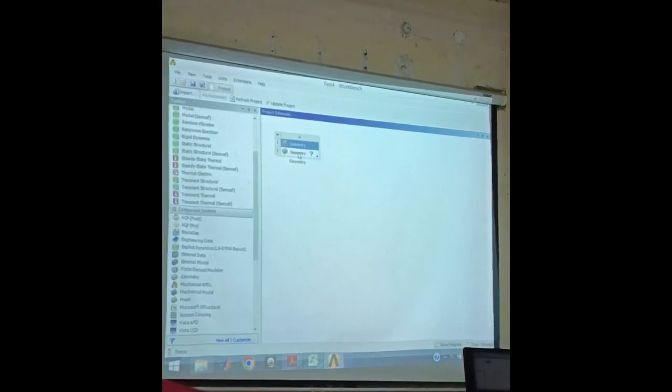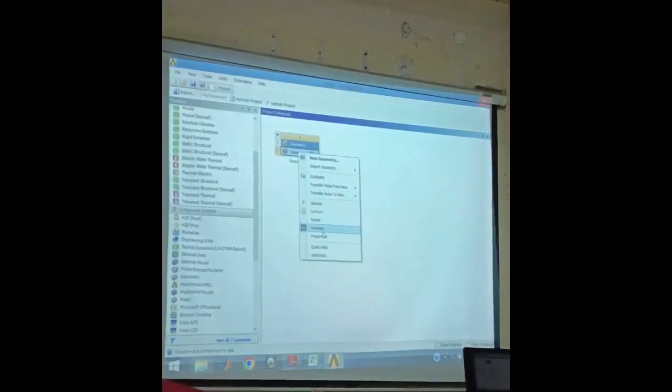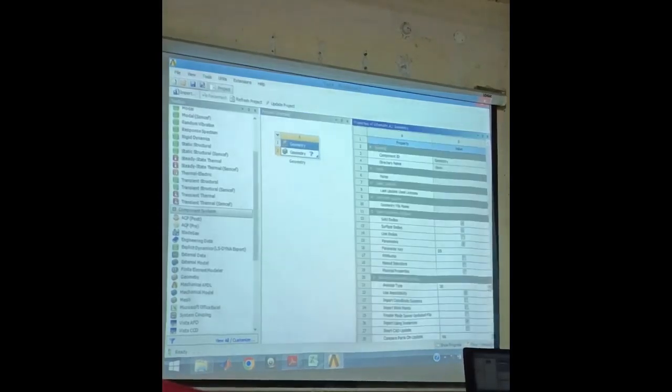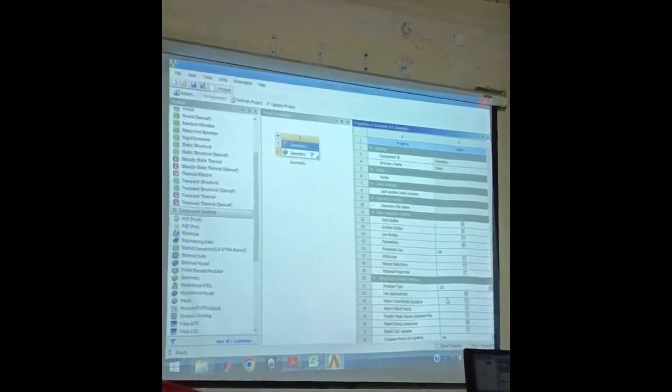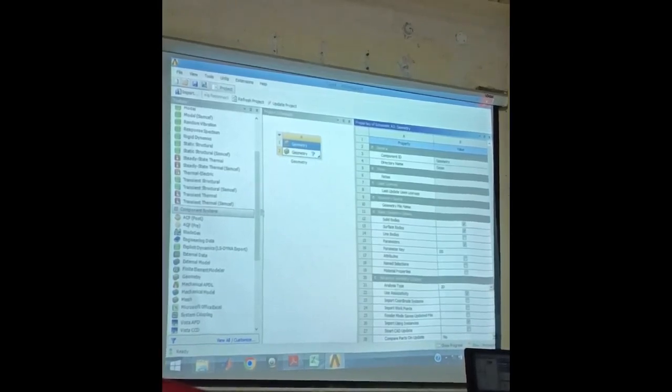So to make it 2D, go to the geometry, property. Here from 3D analysis you change to 2D. First thing you have to do, go to the geometry, then right click property, you make 3D to 2D. Analysis type, 3D to 2D.